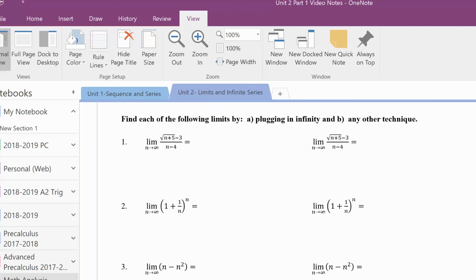So the first one we're going to do by plugging in infinity.